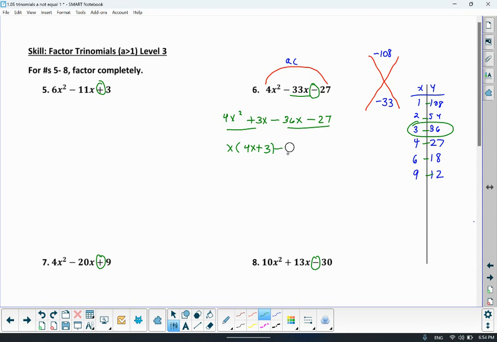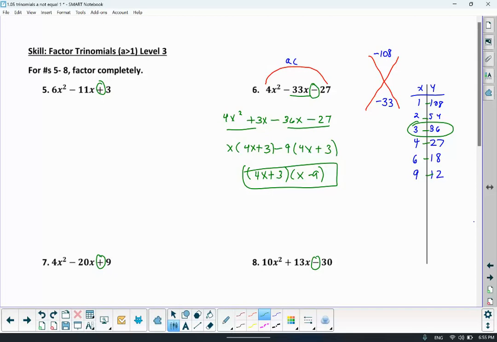Actually, 9 goes into both, and you don't want that negative. So 36 divided by negative 9 is 4x. Negative 27 divided by negative 9 is positive 3. We're almost done. And so now I can factor out the common factor of 4x plus 3, and I'm left with x minus 9. And those are the factors.